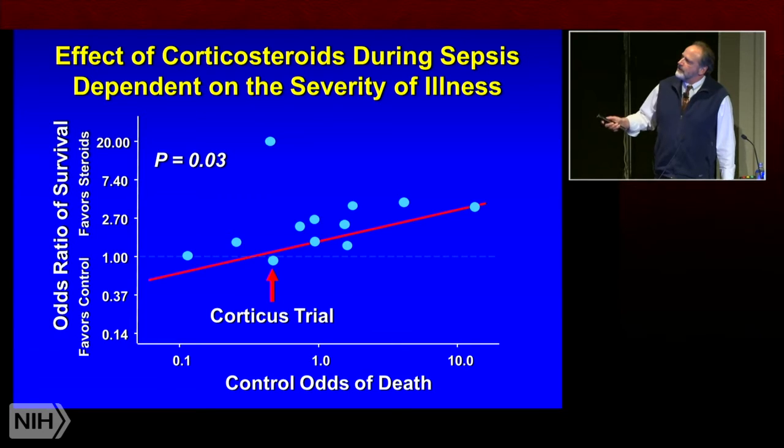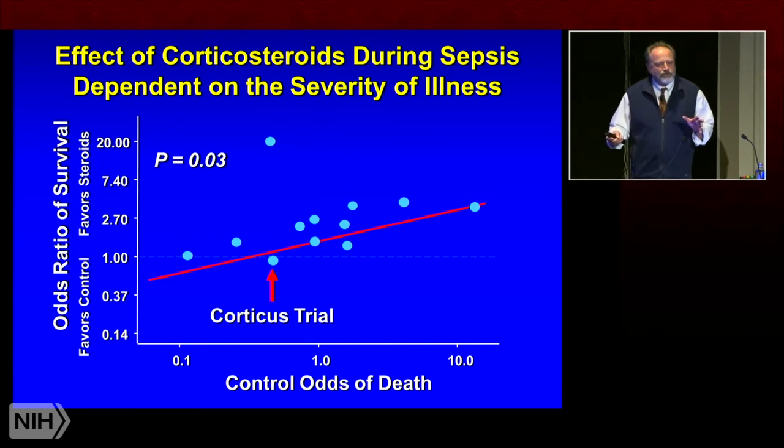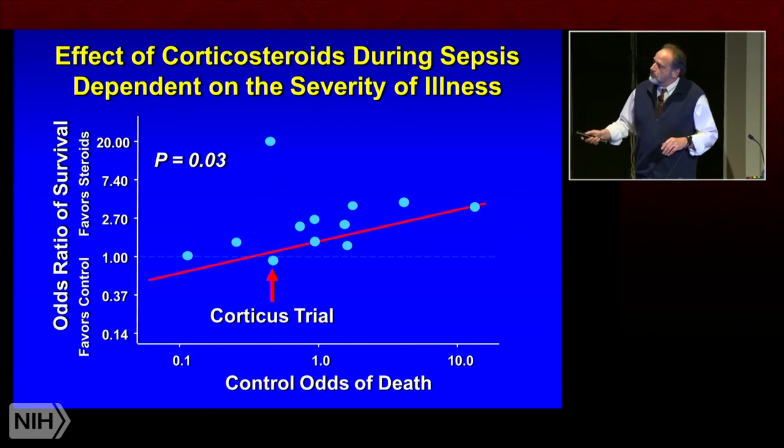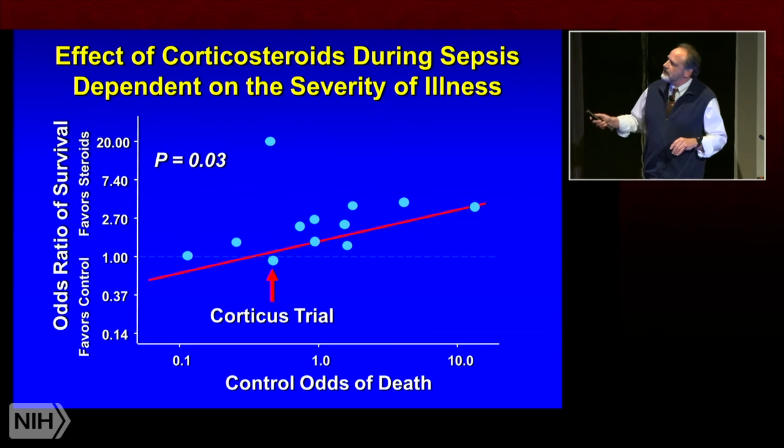And these are relatively small trials. They're 40 or 50 patients. And this one, a multi-center, randomized controlled trial, you sort of believe, and it suggests to you that at least at low control mortality rates, there's no benefit of steroids in not such sick patients. But in very sick patients, this data suggests, well, maybe it's beneficial.